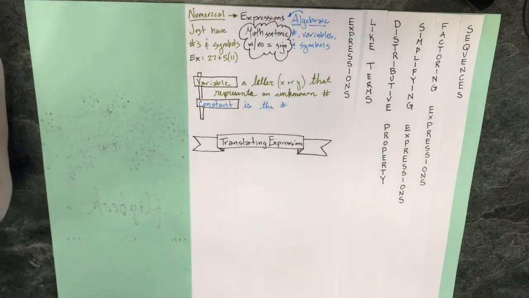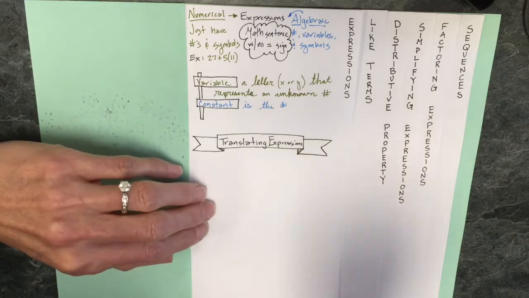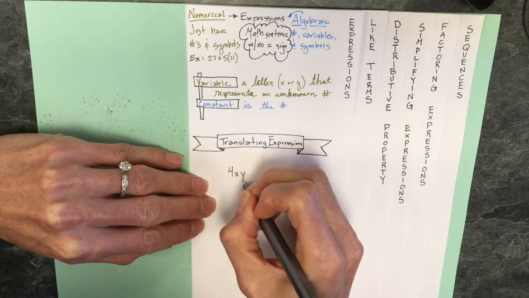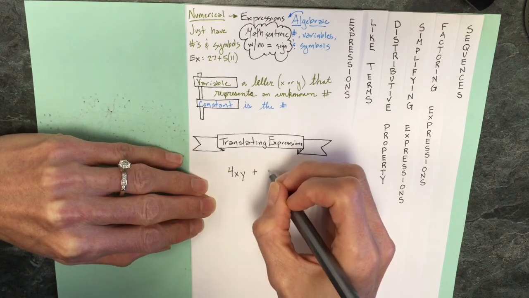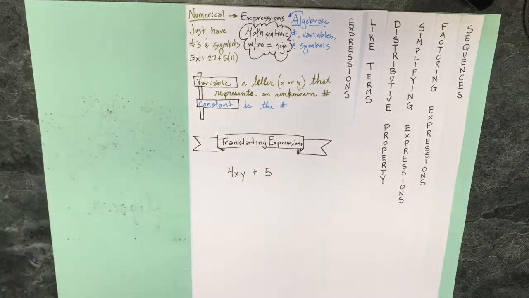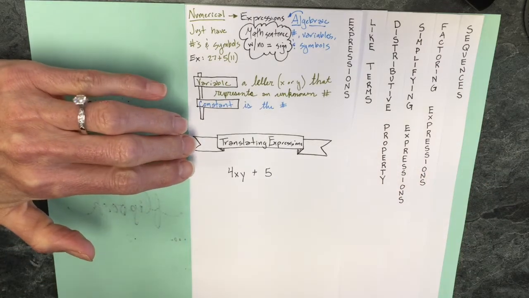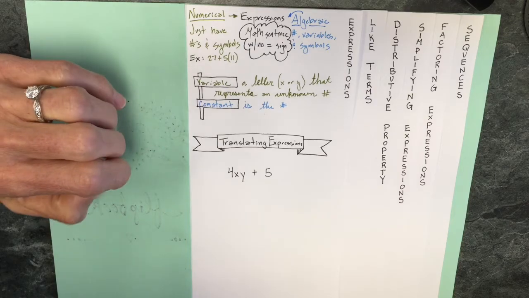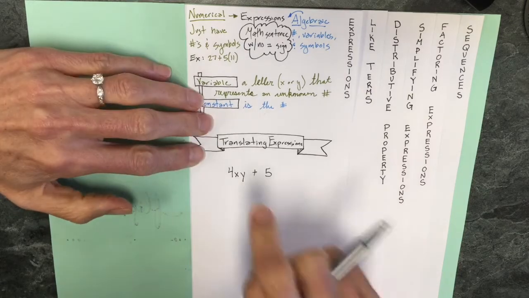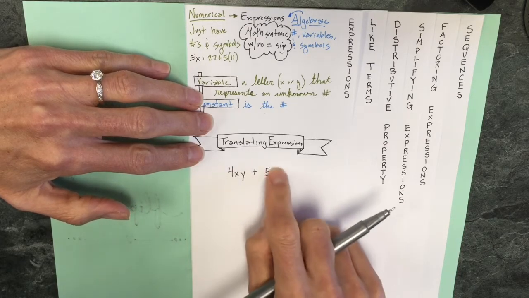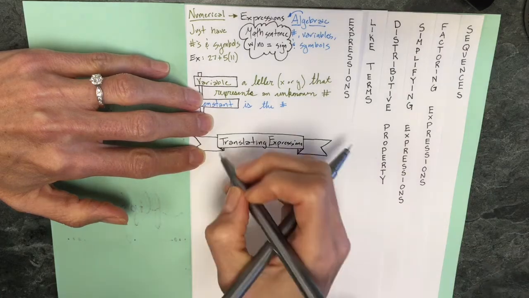So I'm going to write an algebraic expression right now: 4xy plus 5. In this expression, there are two terms. A term is a number or variable separated by a plus sign or a minus sign. So right now we've got 4xy, that's a term, and 5, that's a term. So I'm just going to write that down.